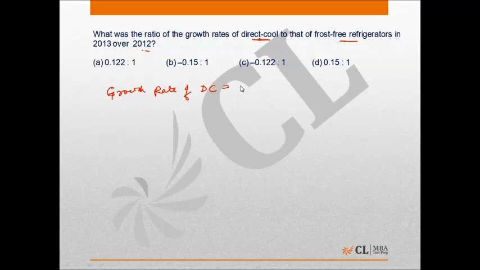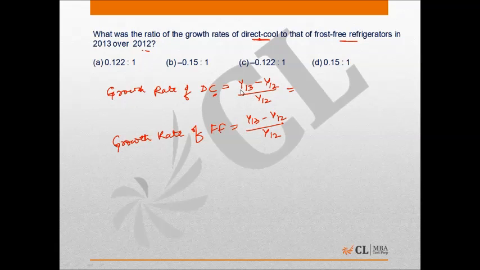Can I say this is year 2013 minus year 2012 upon year 2012's value? Right? This is the growth rate of direct cool. While the growth rate of frost-free will have the same calculation over the previous year.